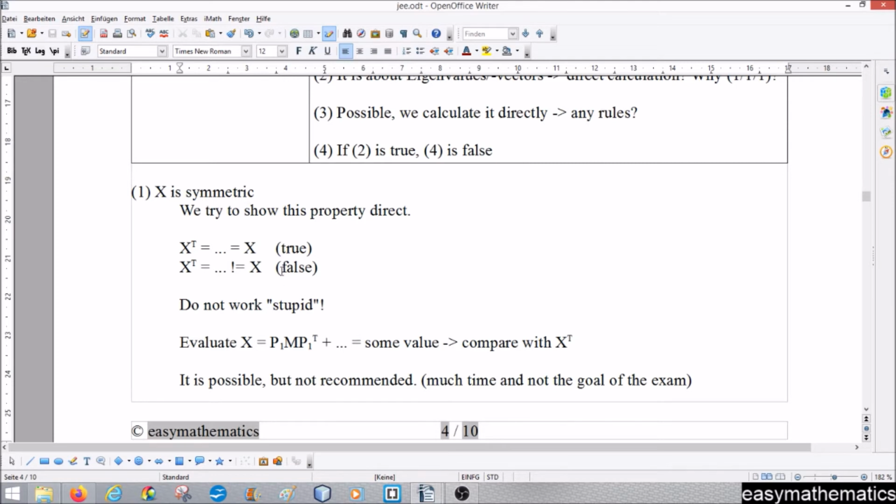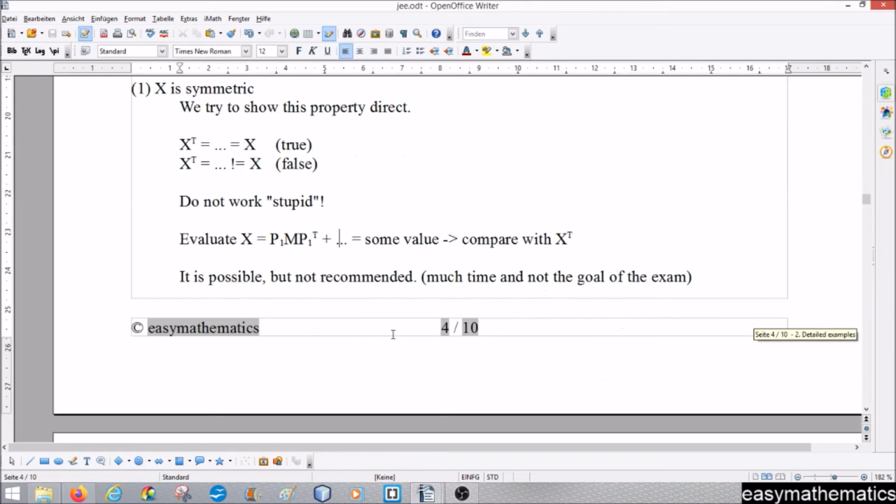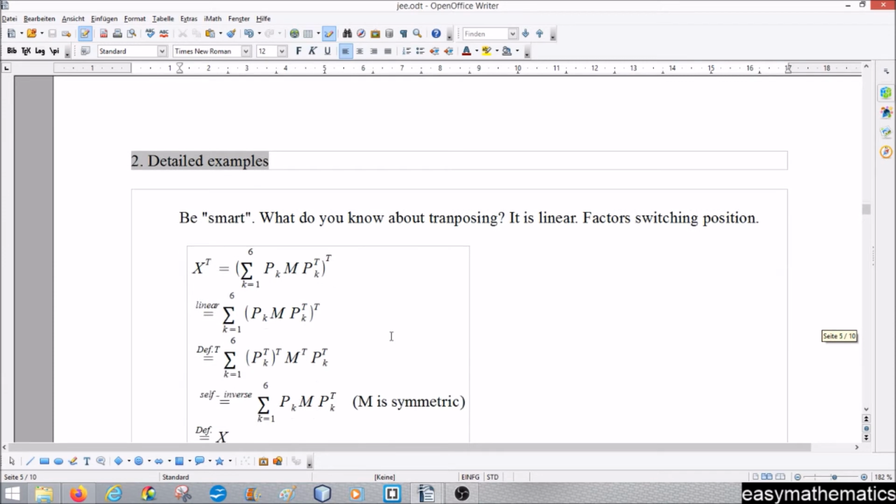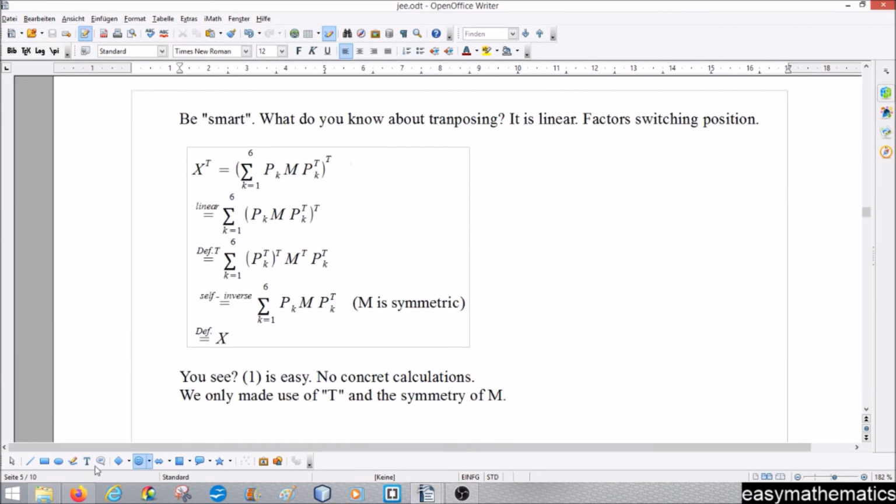What I mean by that is we will not evaluate X precisely, so we do not evaluate all 6 products, and the same for the transposed, and then we compare it. This is of course possible, but it takes much time, and it's not the goal of the exam. Okay, so we have to think smart. And how do we do that?